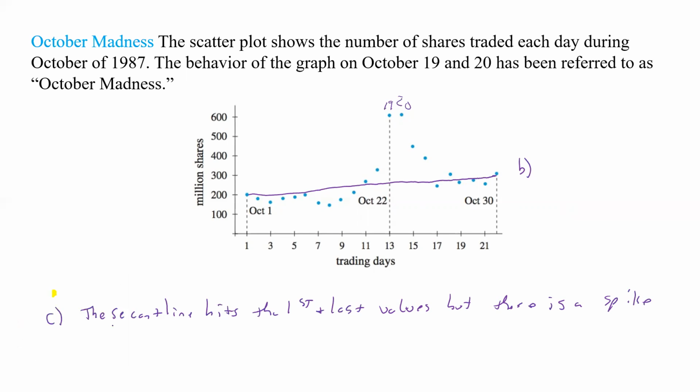There's a spike around, and that's not the 19th day. That's the 1, 2, 3, 4, 5, 6, 7, 8, 9, 10, 11, 12, 13th and 14th day of trading. And so, which is outside of that range.